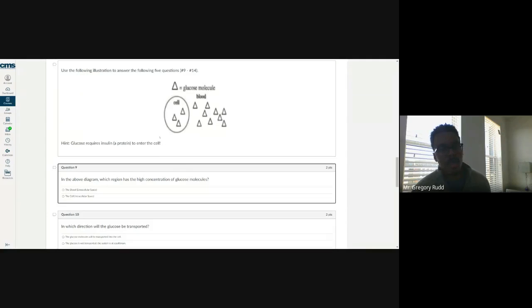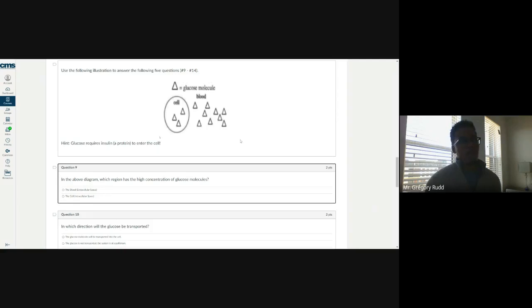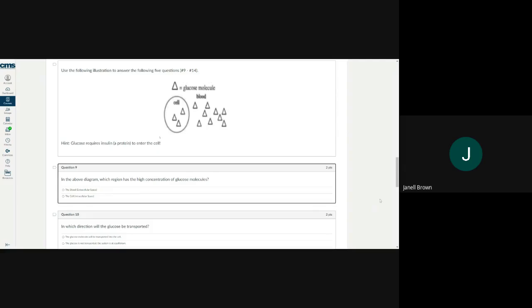What's happening here is that we've got a cell that has 3 glucose molecules inside of it, and outside of the cell in blood, which I guess is the external environment, we've got 9 glucose molecules. I understand the blood part. I thought it was like 2 different types. Nope, same type, all glucose. Okay.